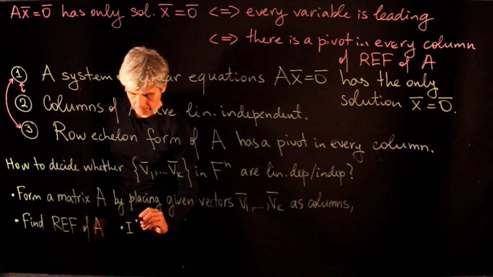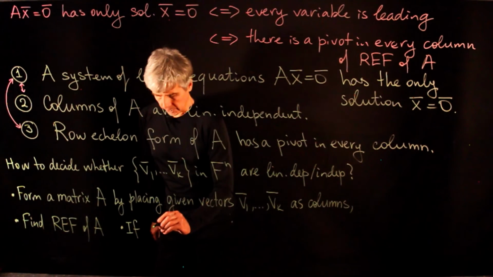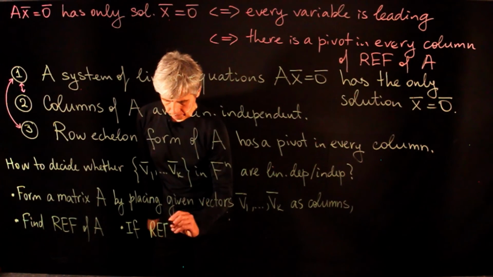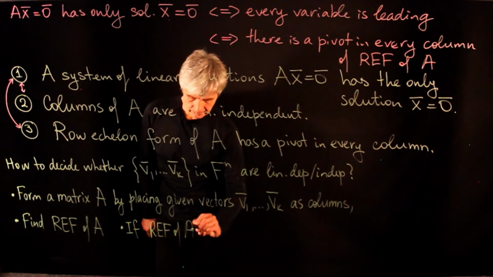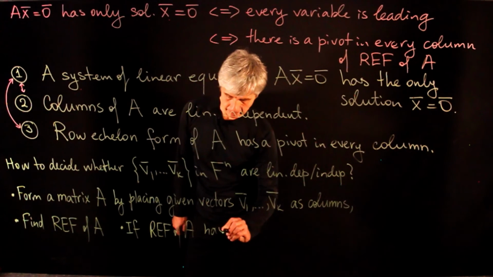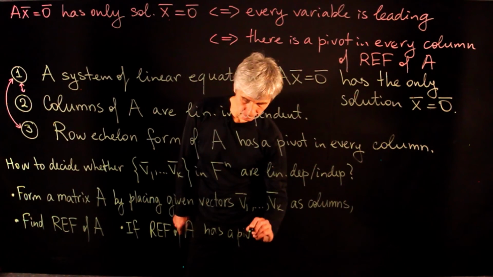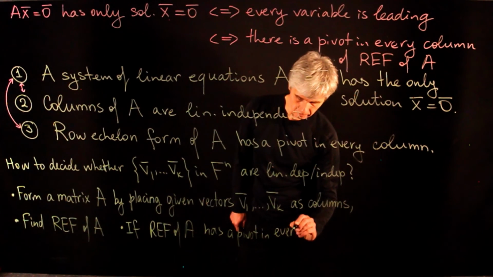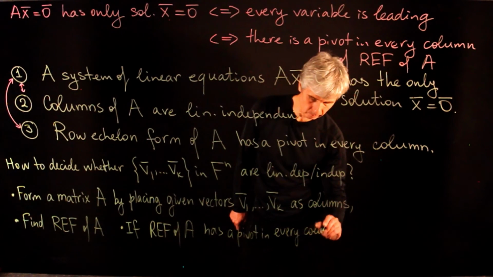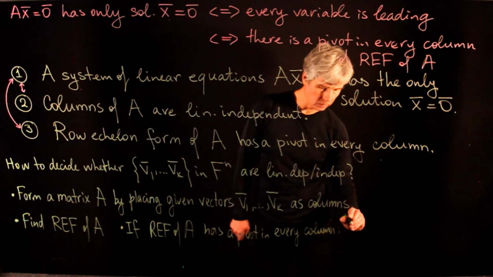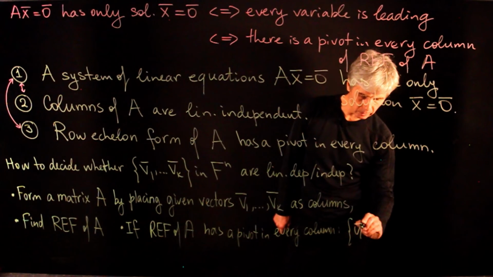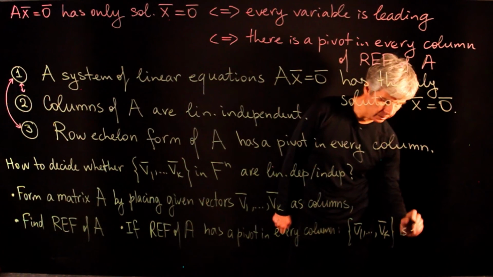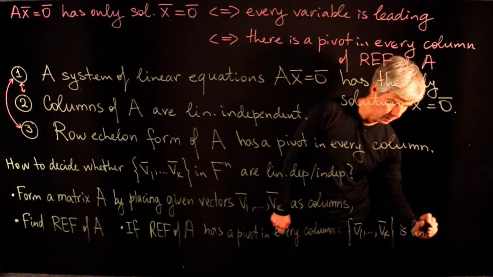So if the row echelon form of A has a pivot in every column, then this means that this set of vectors is linearly independent.